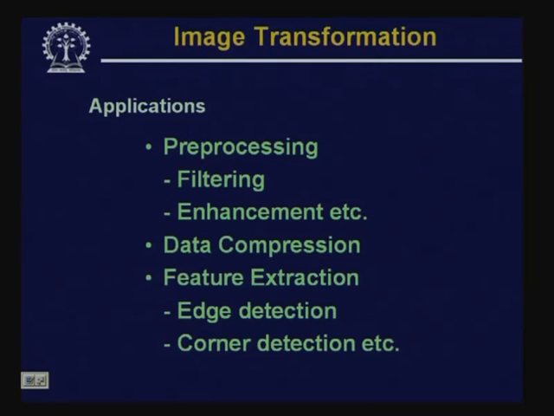In image pre-processing, if the image contains noise, you know that contamination of noise gives rise to high frequency components in the image. So, if by using some sort of unitary transformation we can find out what the frequency components in the image are, then from these frequency coefficients we can suppress the high frequency components.